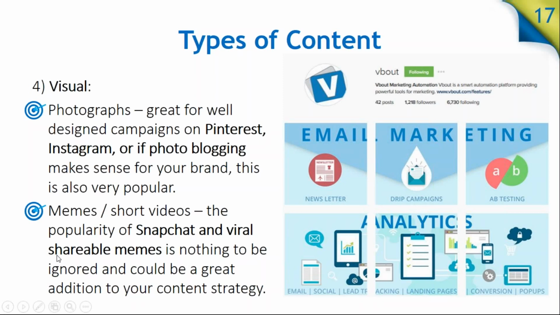And then other ones are memes and short videos. I also put these in the visual category. And honestly, I don't think you can underestimate the popularity of Snapchat or viral shareable memes. People love them, and some of the best brands and B2B companies are using these really well. So these are other forms of content to consider.